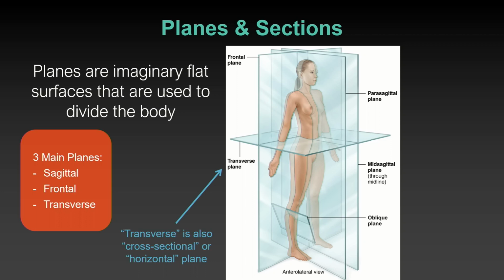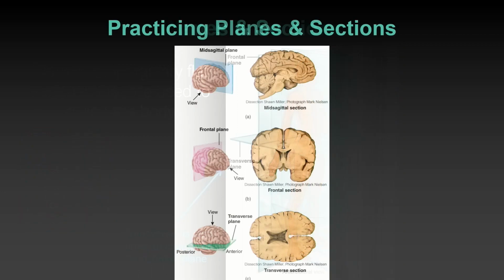And so using those planes, we can get a more invasive look or a more intimate sense of what's going on inside an organ. So the brain, for instance, we can section it along the mid-sagittal plane at the front. In a lot of the images where you'll see these planes used, there is an arrow showing the direction of the onlooker, where you're looking from.